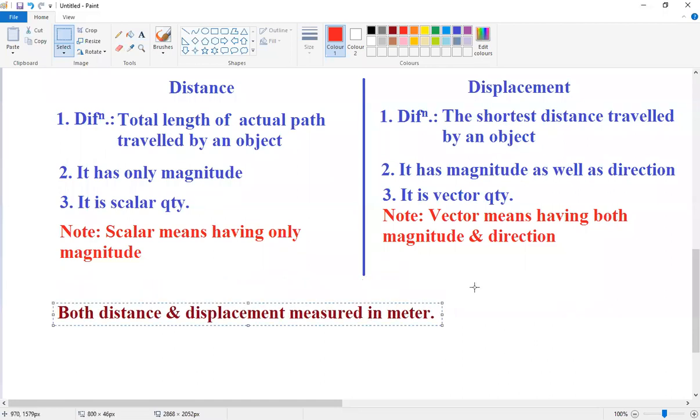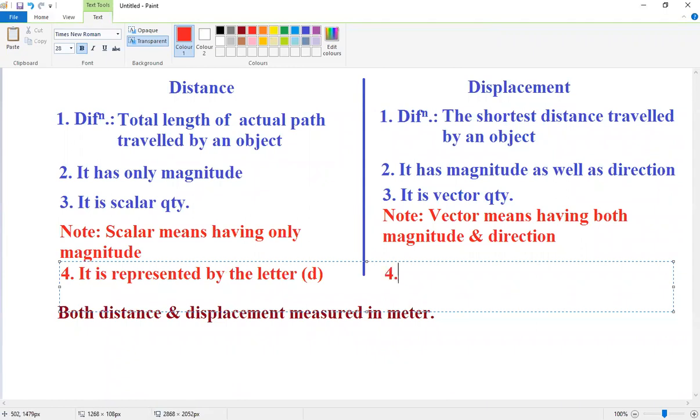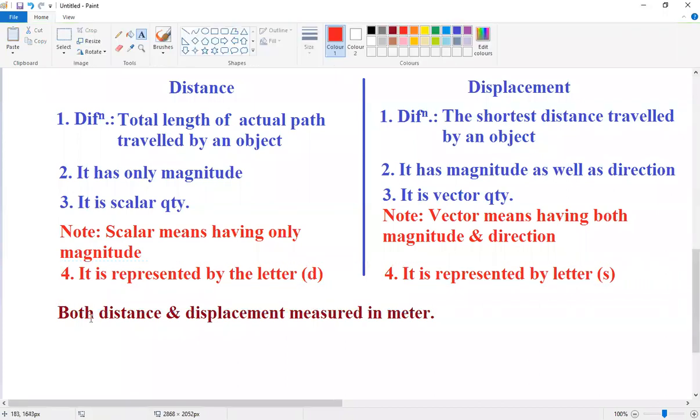Most of the time we make use of both the letters: distance is represented by the small letter d, whereas displacement is represented by the small letter s, or sometimes small x. You don't need to write this, but it is an additional point.